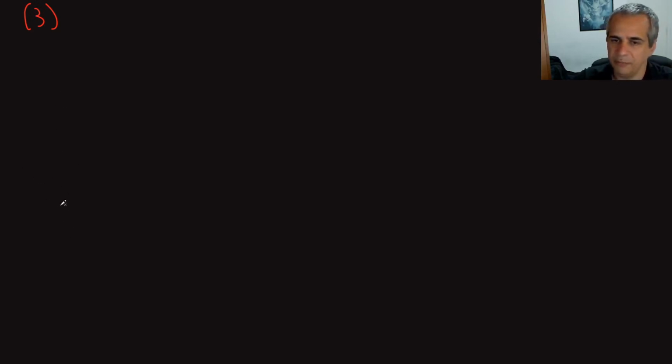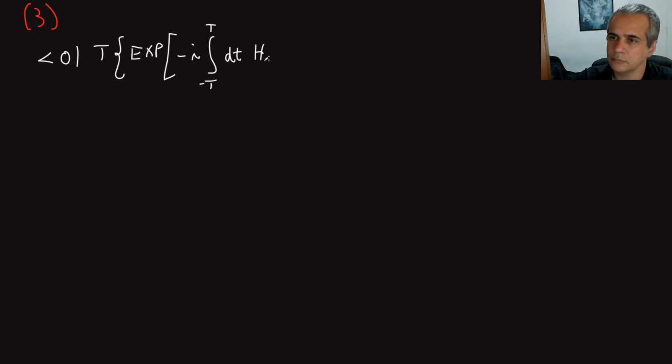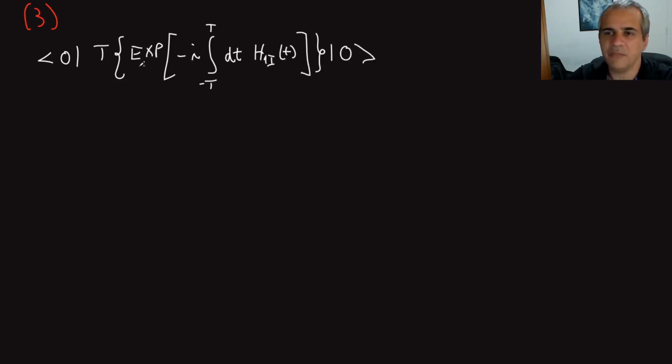So I'm worried now about that object that I had in the denominator, which is just this. And the main difference between this guy and the numerator is that in the denominator, I don't have the operators in front of the exponential here, right?